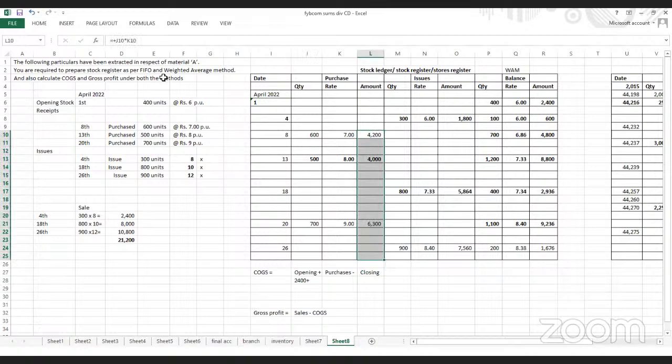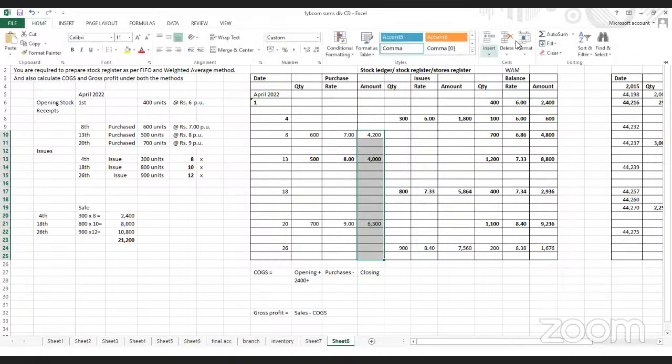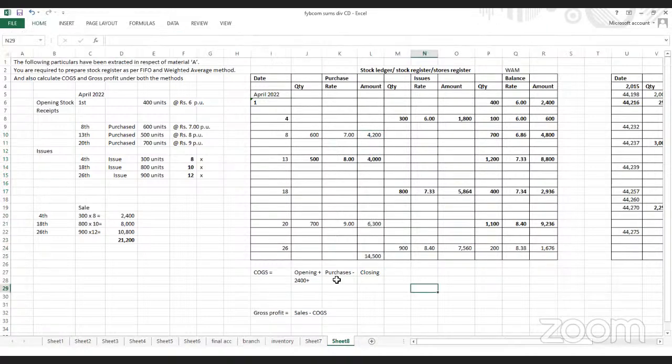It already did, 14,500 minus closing stock 1676. That will give you COGS: 2400 plus 14,500 minus 1676.